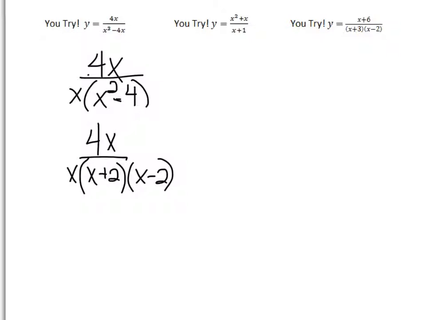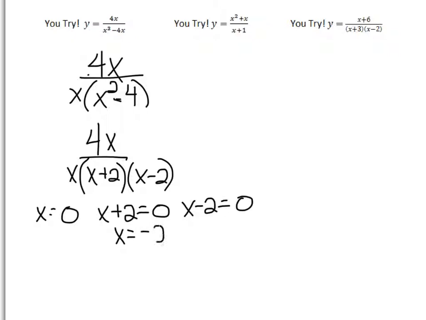So now in my denominator, I've got three things to set equal to 0. I have x equals 0, x plus 2 equals 0, and x minus 2 equals 0. Well, this one's already solved for. X equals 0. X plus 2 equals 0 turns into x equals negative 2. And x minus 2 equals 0 turns into x equals 2.